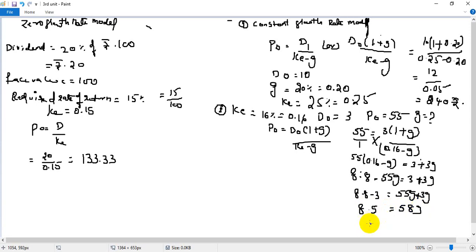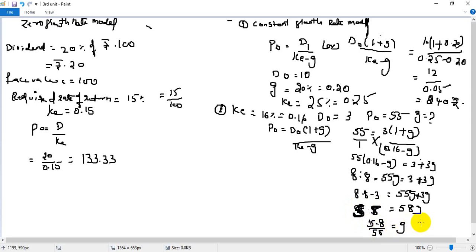So 8.8 minus 3, it will be 5.8. So 5.8 divided by 58 is equal to g.